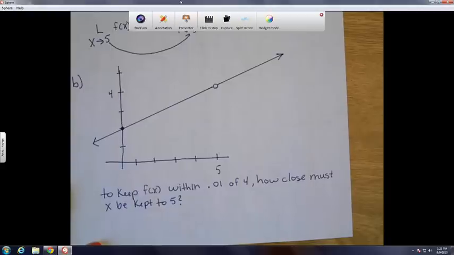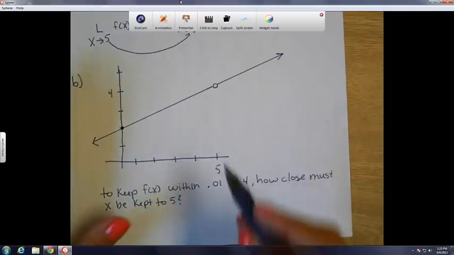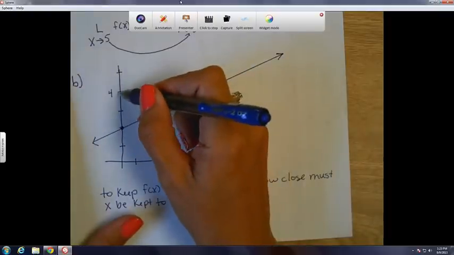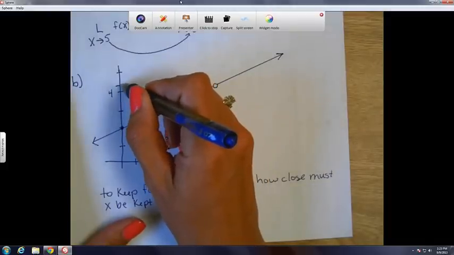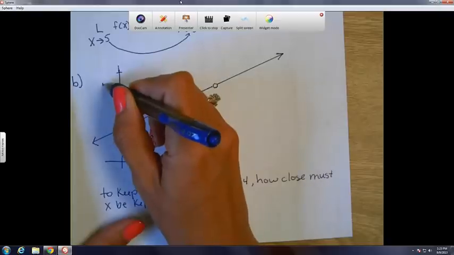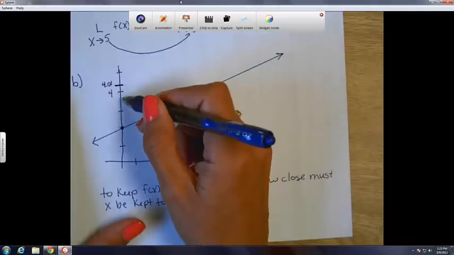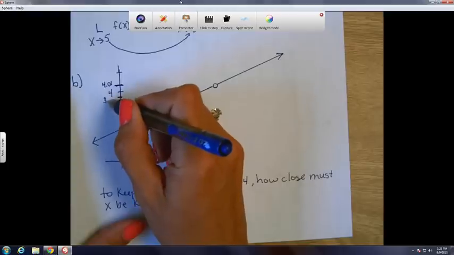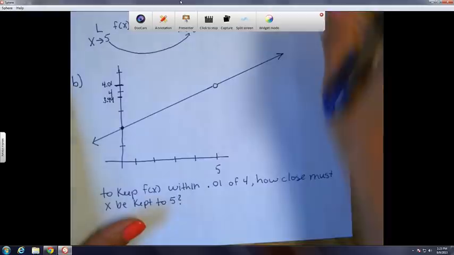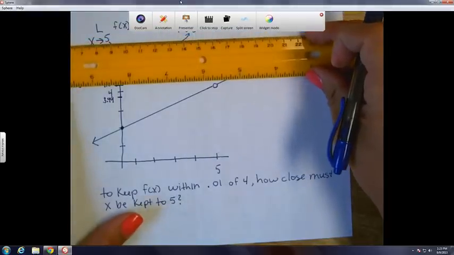So, what that question is asking, and I'm going to exaggerate the 0.01, because 0.01 is not very far. Let's just say I want to stay within 0.01 units of 4. So let's just, I know this is bigger than it needs to be, but if that's 4.01, and if I go 0.01 before the 4, I'm at 3.99. We will see that there's a little window around the 5.